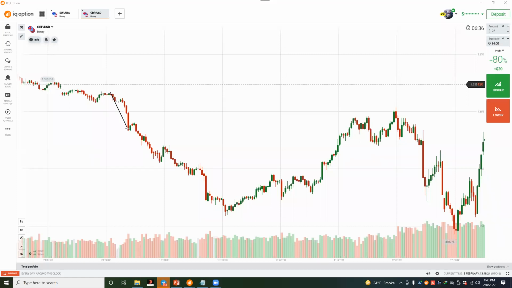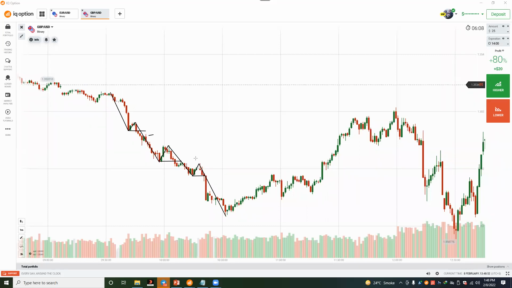For example, the price is moving down, then 3 candles moving up from here, then it's moving down, then up, then down, then up, and then finally down. So this wave is my break of structure wave because it's breaking here. This wave is my break of structure wave.